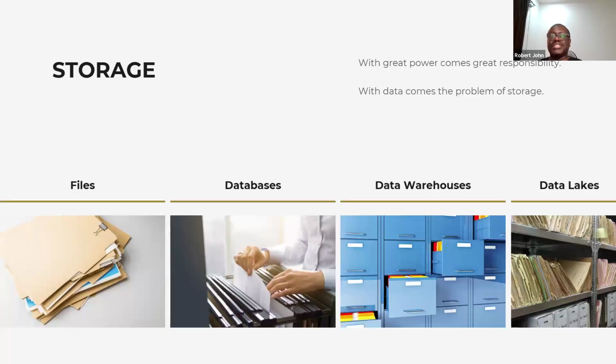There are different types of databases. So we won't dwell too much on those. It depends on the kind of data that you're storing, but you've got relational databases, you've got time series databases for things like these data points that you collect at intervals. You could have object-oriented databases.